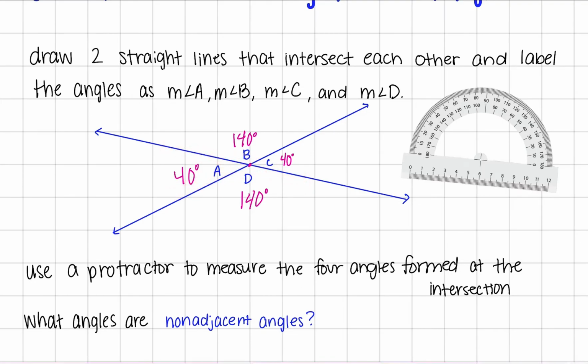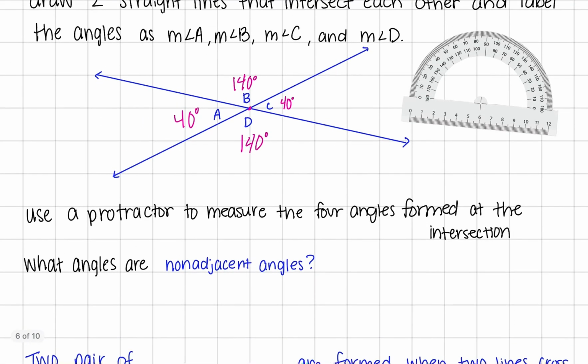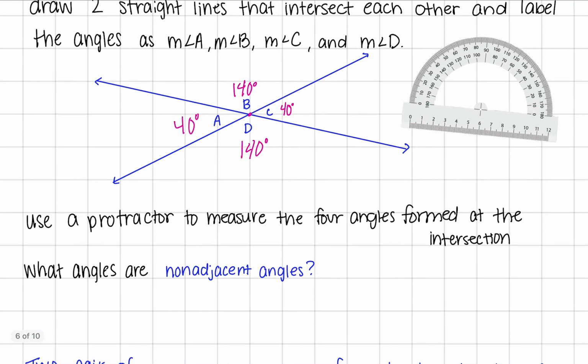What angles are non-adjacent? If we looked at this, what angles are non-adjacent, meaning they are not next to each other? Angle A and angle C, and angle B and angle D are non-adjacent. They are not next to each other.